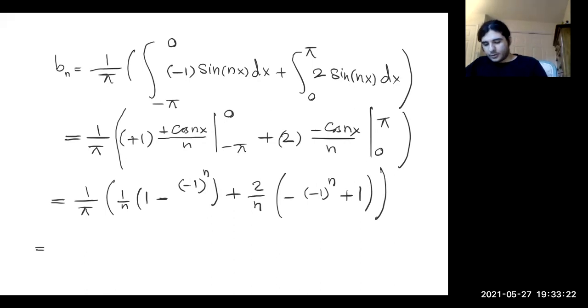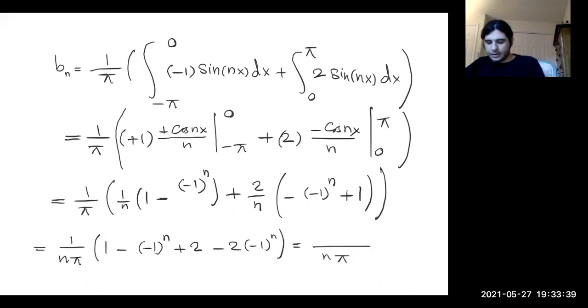And therefore, it is equal to 1 over n pi, 1 minus minus 1 to the n, plus 2 minus 2 times minus 1 to the n, and it's equal to 3 minus 3 times minus 1 to the n.